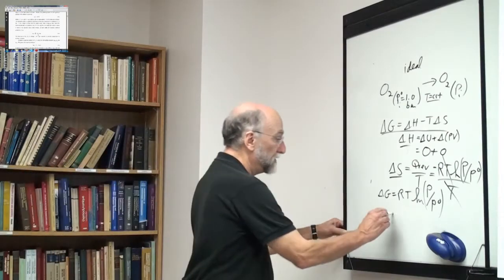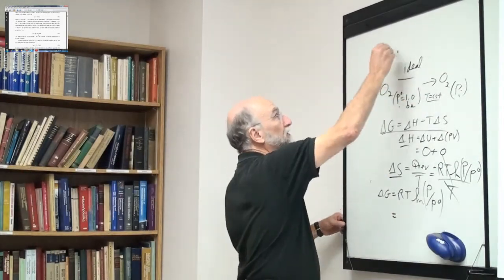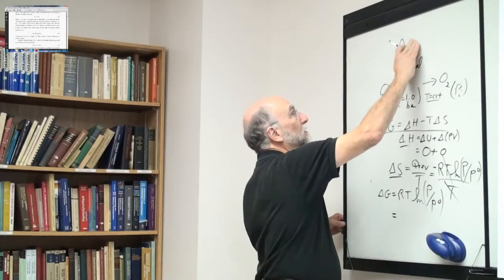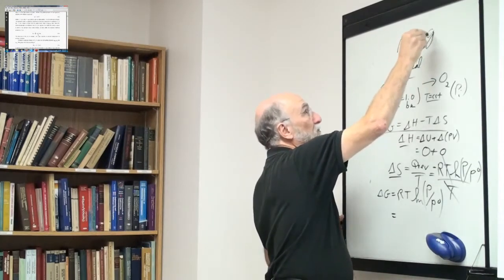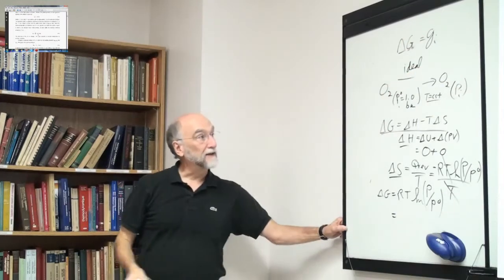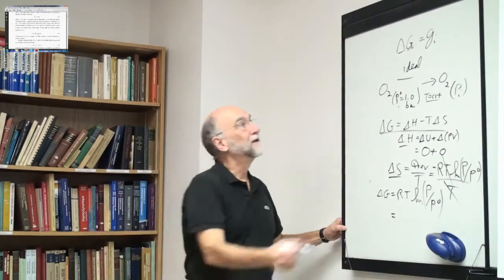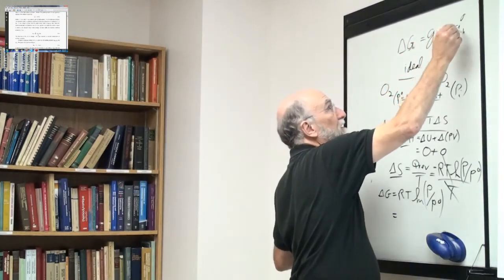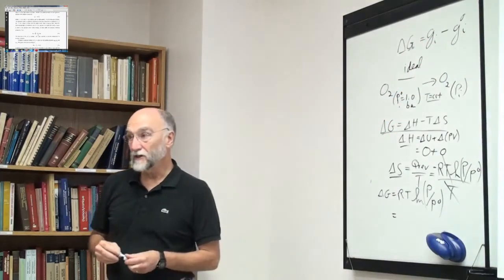Okay, so delta G is what now? Delta G for this reaction is the Gibbs energy of the gas at the pressure P minus the Gibbs energy of the gas in its standard state.